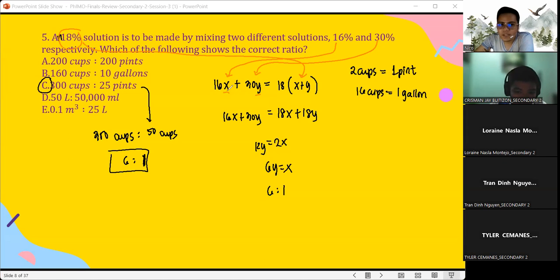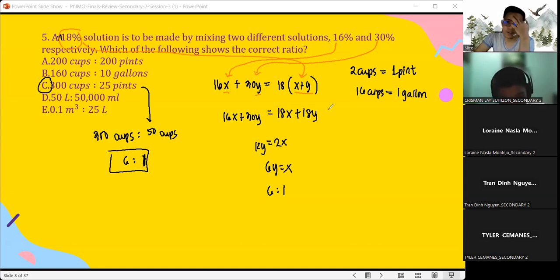So the volume of the two, 16% and 30%, to produce the 18% is x plus y. You understand it? Let's say for example, this is 100 liters, 200 liters. So this is 300 liters, which is 100 plus 200 liters, right? To 300 liters. You get it? That one only.